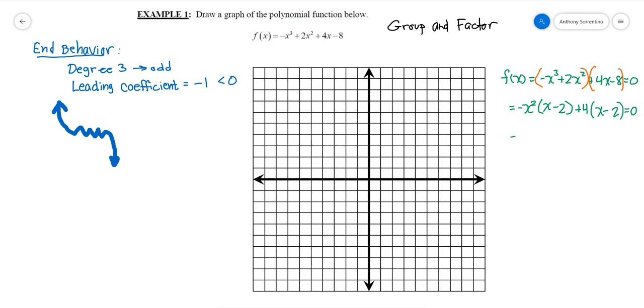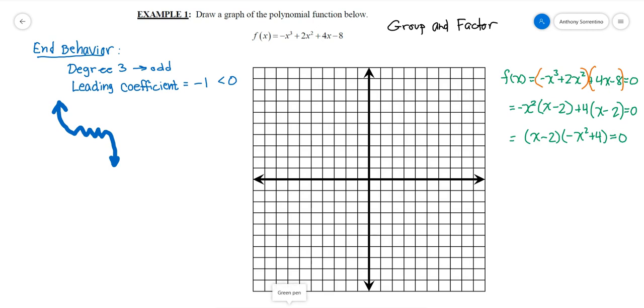And so what I have here is I can factor out the x minus 2, and I'm left with negative x squared plus 4 equaling 0.